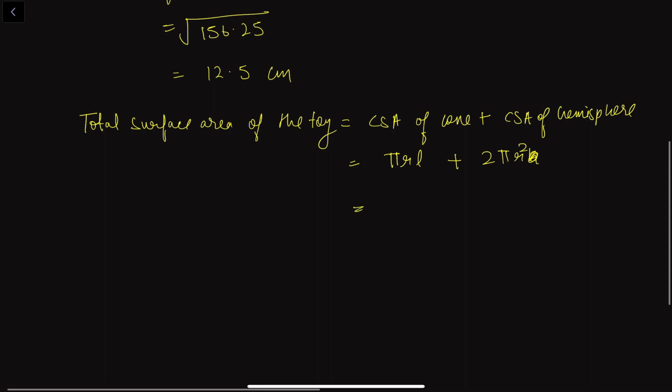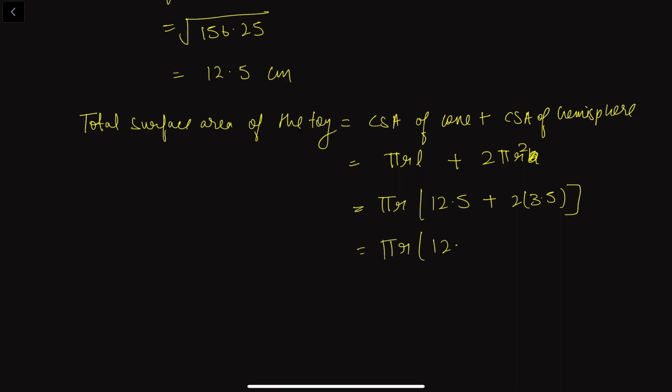So from here, let's take pi r common for now. The value of L we know is 12.5 and then we are left with 2 times r. 2 times r means 2 times 3.5, right? So we have here 12.5 plus 7.